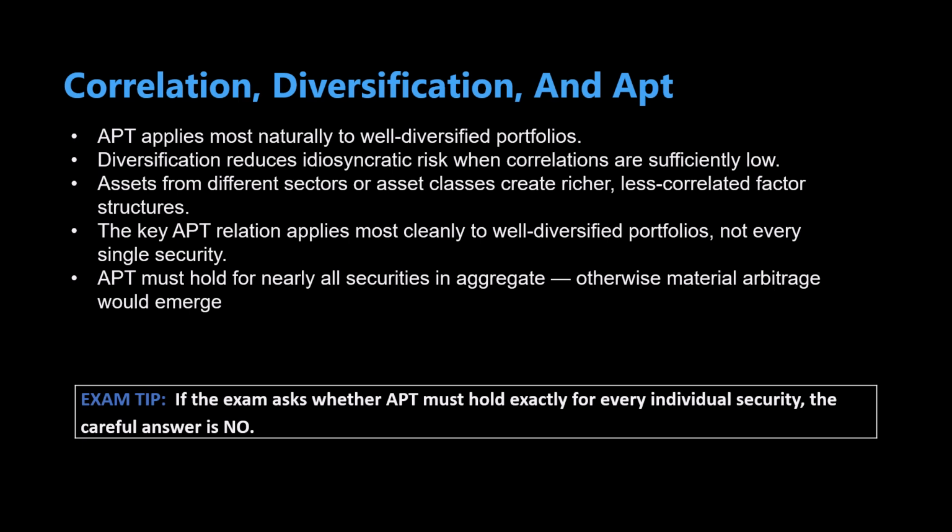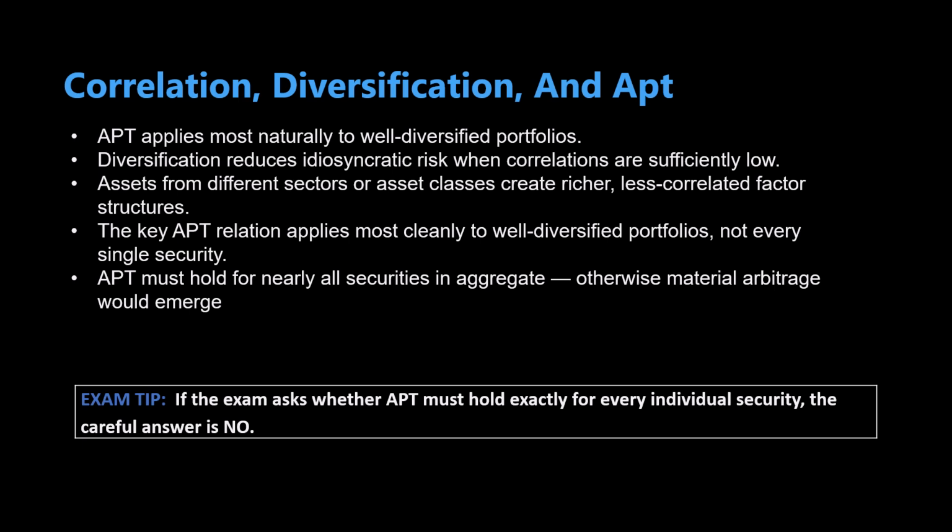This is why the theory applies most naturally to diversified portfolios rather than to every individual security in a perfectly exact way. APT does not require a perfect pricing relation for each single stock at every moment. Instead, it requires that arbitrage opportunities among diversified factor-equivalent portfolios should not persist.